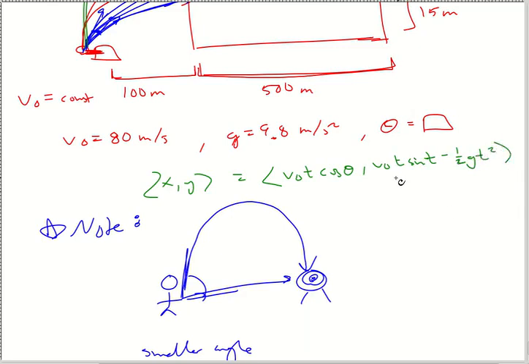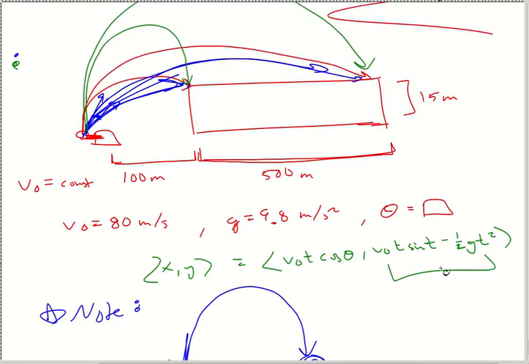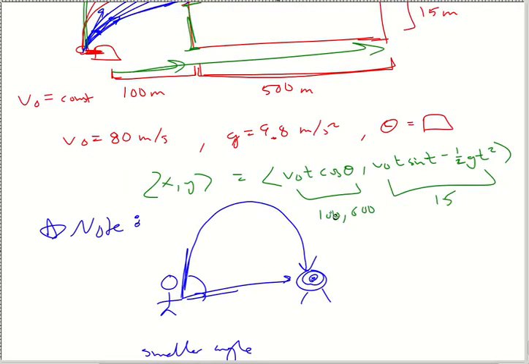And so you know that your Y value must be 15, because that's how high it is right there. And your X value, you would have 100, or you would have 600. And so then you can start solving for thetas and stuff like that.